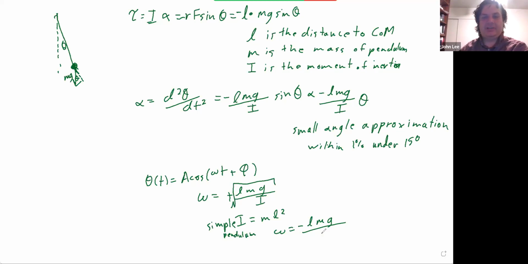So omega is the square root of L mg over I. And then this becomes L mg over m L squared, which is just equal to g over L, so omega equals the square root of g over L. This is for a simple pendulum. A more complicated version that includes the moment of inertia is called the physical pendulum.